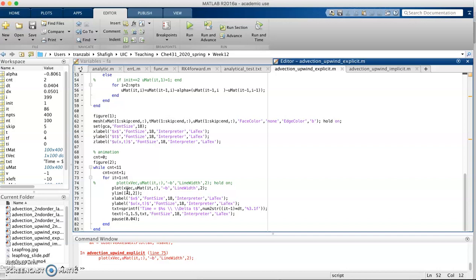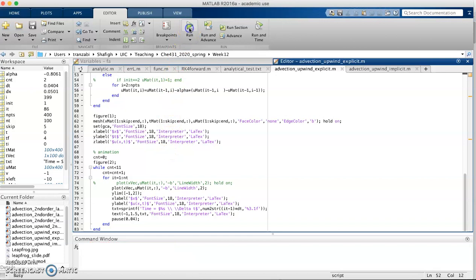If you do this fast, then a normal eye would see this as an animation. Alright, so let's get to the execution.